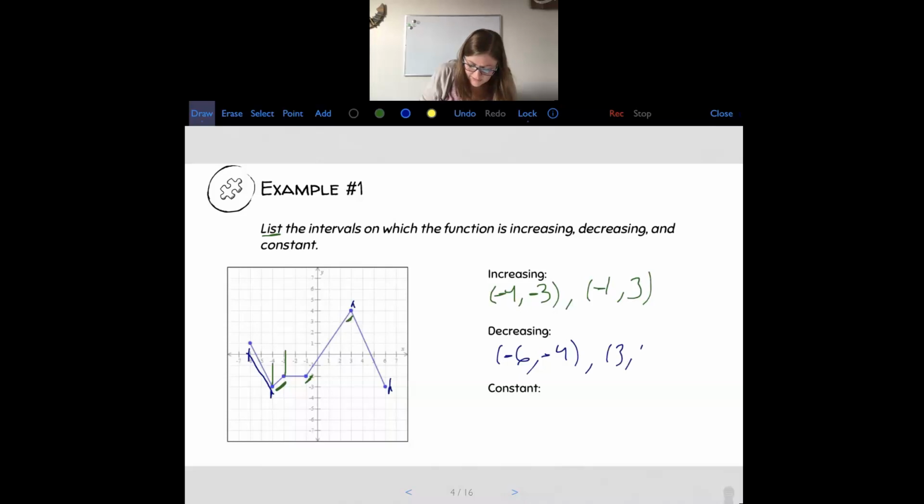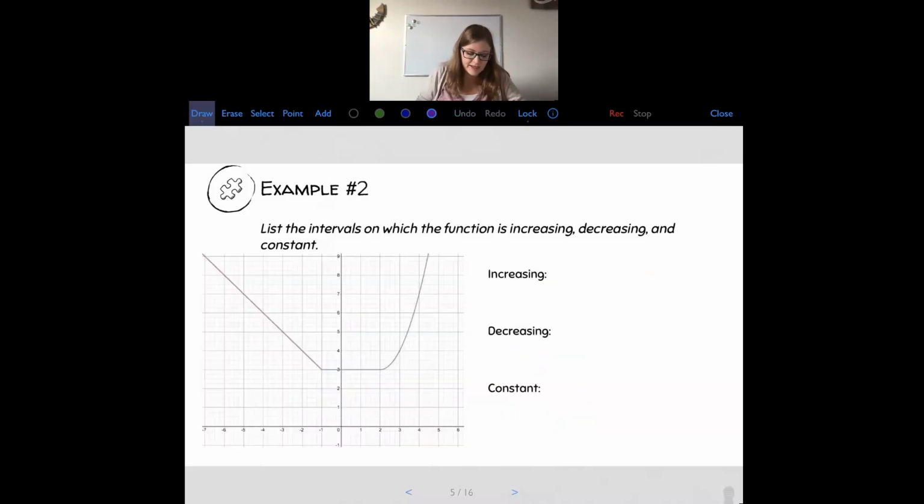Again, these x values are telling us in what interval the function is exhibiting increasing, decreasing, or constant. For constant, I'm writing it in purple, x goes from negative 3 to negative 1.